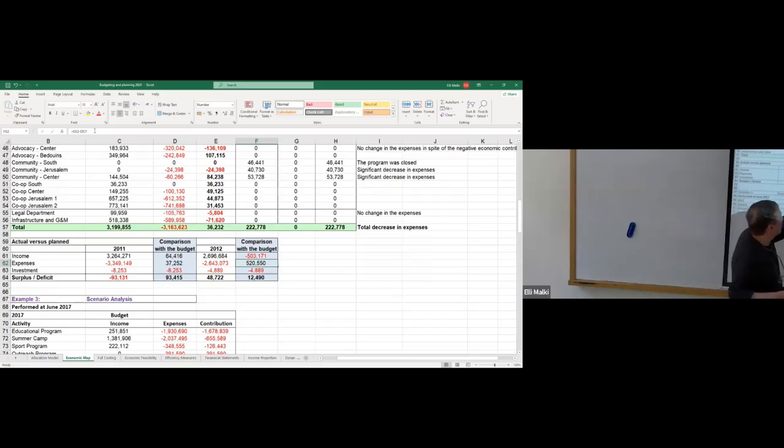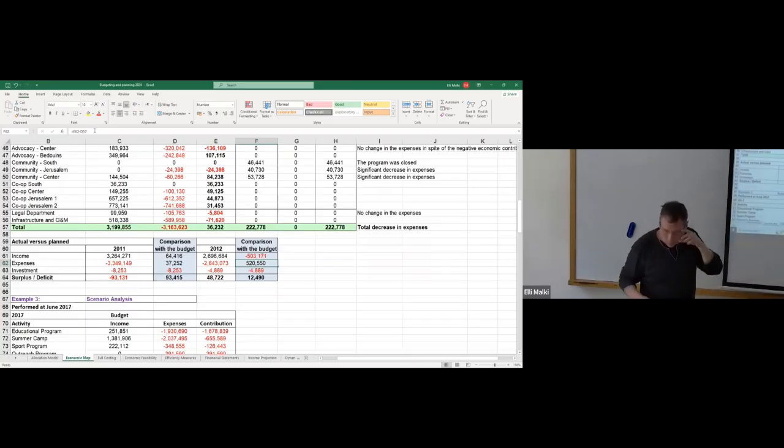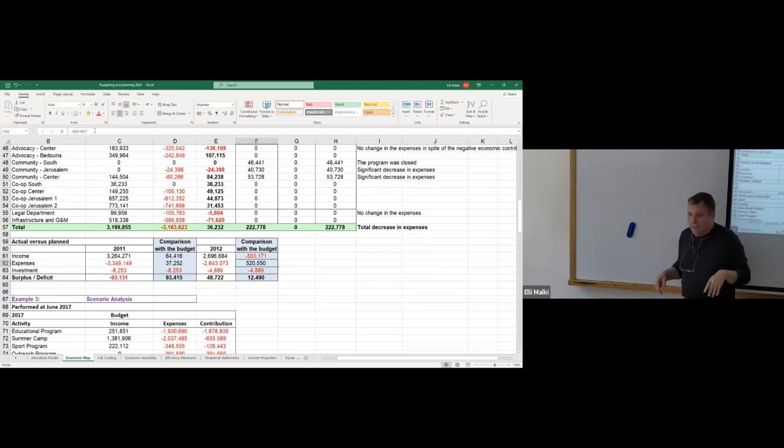The bottom line was that there was a positive surplus, which was even larger than the plan, but that was not enough.